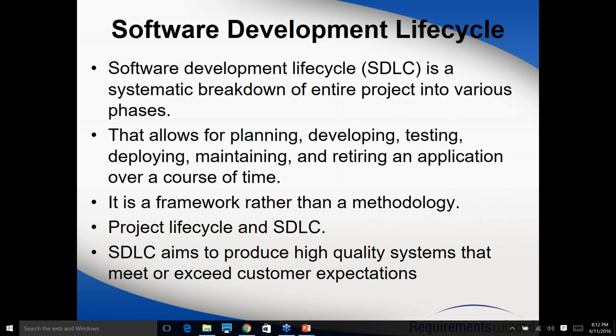Once you deploy it, then you need to maintain it. And finally, there will be a phase where the system will be retired or phased out. It can happen in 5 years, 10 years, 20 years, but at one point of time, the system will be retired. It's just like a human life cycle, right?